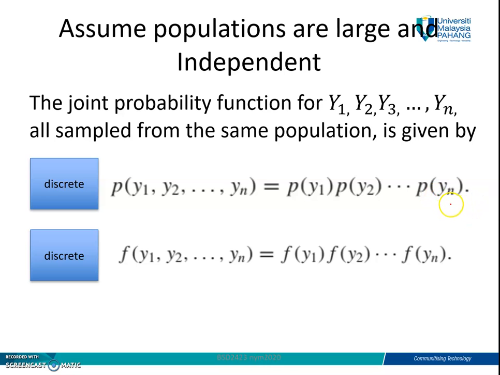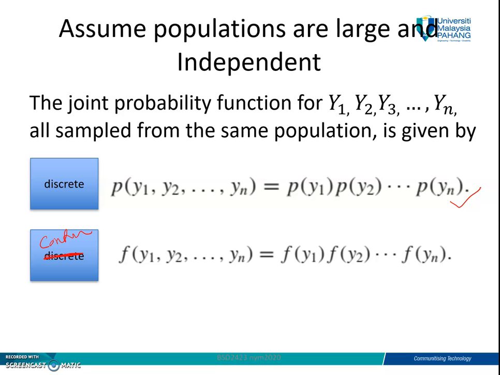The first one is for discrete random variables and this one is for continuous random variables. For discrete, in chapter 1 you learned the probability function p(y1), p(y2), p(y3).